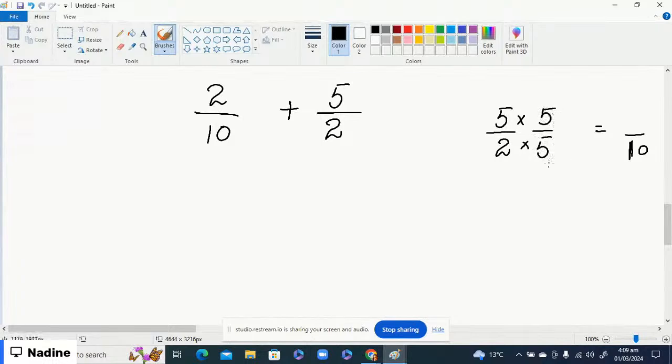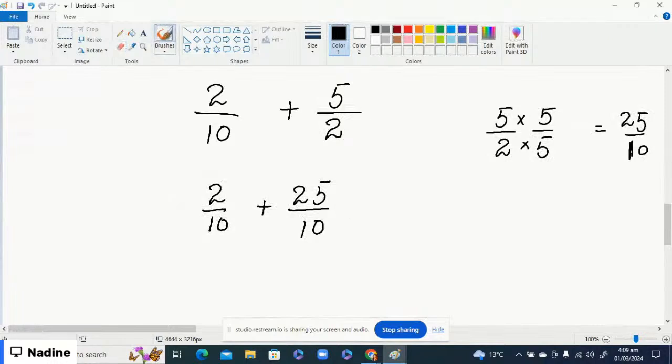Okay. 5 times 2 is 10. 5 times 5 is 25. So in place of 5 by 2, we are going to write 25 over 10. So 2 over 10 plus 25 over 10. Okay.